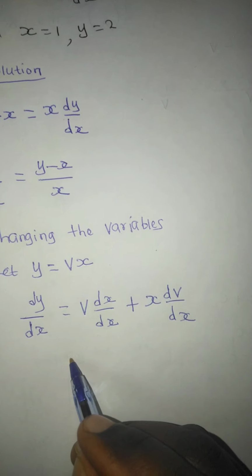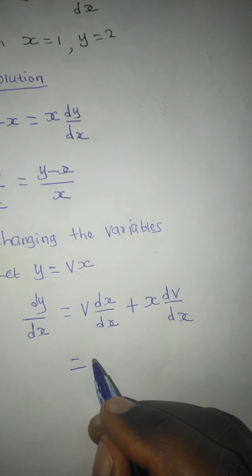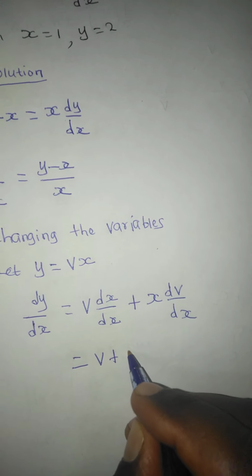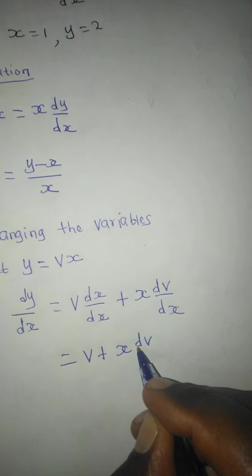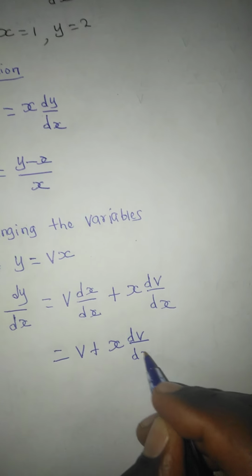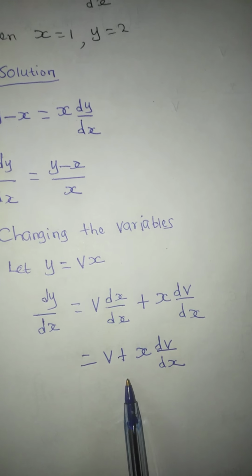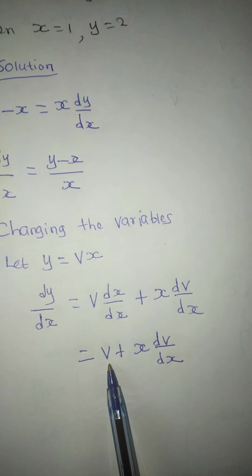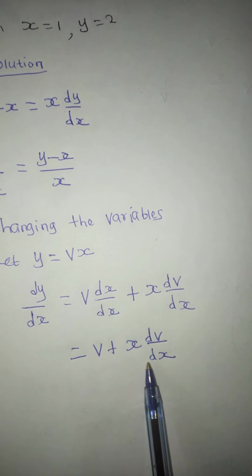So the same equation, that is dy over dx, will give us v plus x dv over dx. So up to this point, we have dy. So dy over dx is equal to v plus x dv over dx.